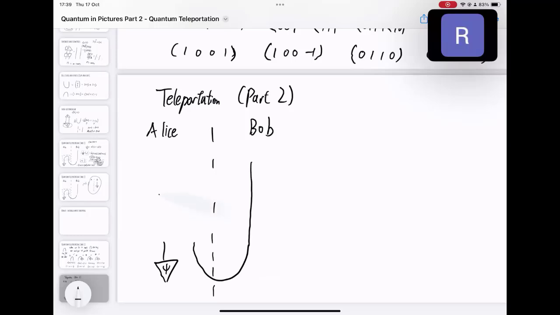But most of the time ends up having this error. Right? So now what ends up happening is Bob will get this.